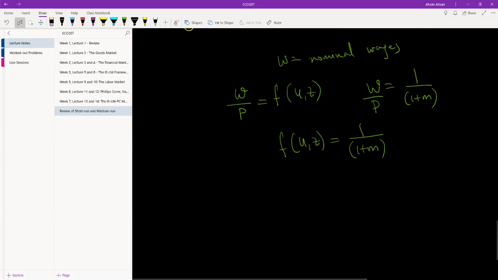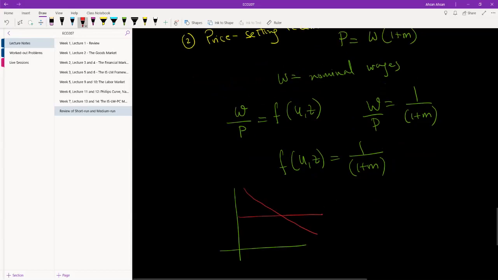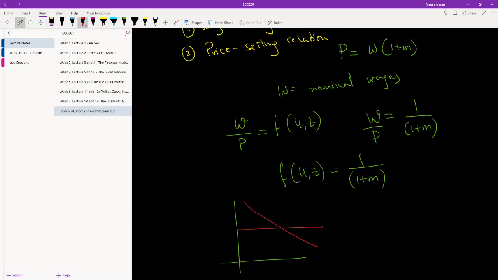And we drew the diagram of the wage setting relation. What we saw was this and this. So now this is the price setting relation. So it's called price setting relation.